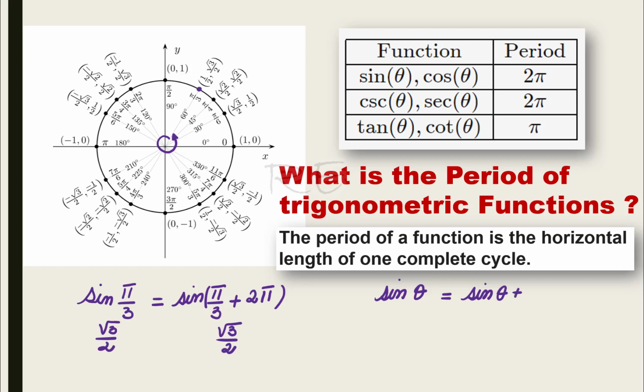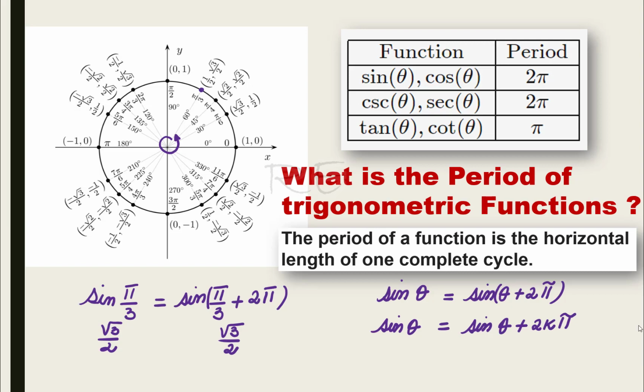In short, sine theta is equal to sine of theta plus 2 pi. And for a general solution, sine theta is equal to sine of theta plus 2k pi, k being an integer.